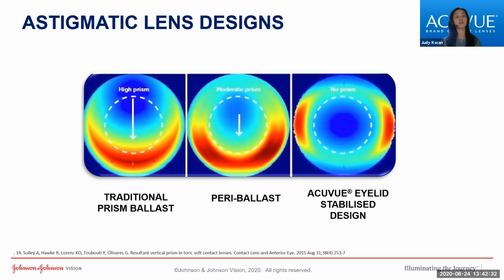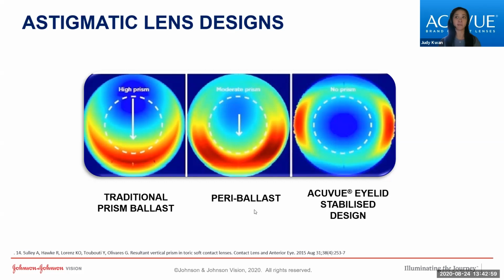So looking at it from the practitioner side, for you and for myself, researchers have looked at the different lens designs that are currently on the market when we talk about toric contact lenses. And as you can see here, there are many different designs based on the manufacturer that you end up choosing. We have our traditional prism ballast designs, where it's thickest and heaviest at the bottom at the 6 o'clock mark.